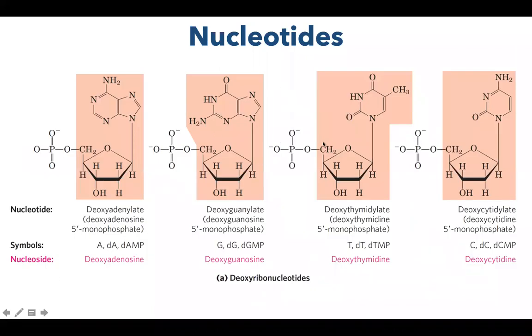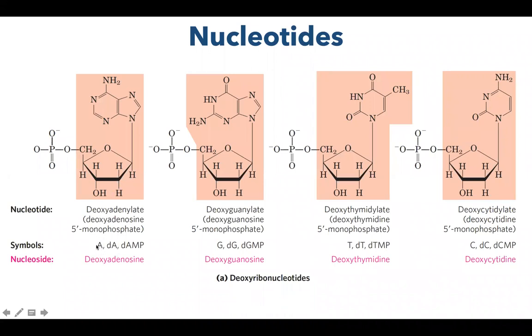So here is a summary of the structures of our nucleotides. Again, we have deoxyadenylate, or the expanded name, deoxyadenosine 5' monophosphate. This is the one with one phosphate group. Furthermore, we also have symbols commonly used to represent this nucleotide.